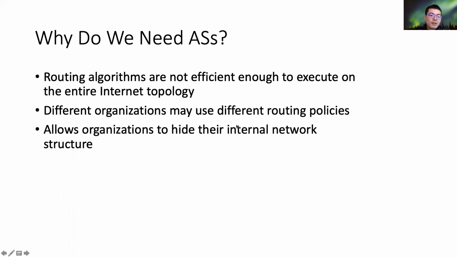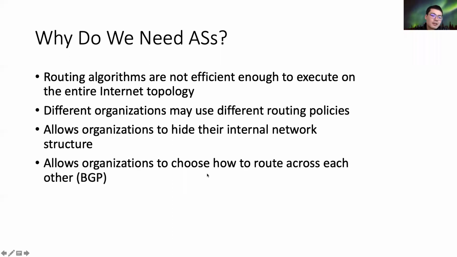So this is very secure. It can hide information about internal networks, and this is also good because we cannot just let BGP consider all the internal structures of the AS. BGP is not efficient enough to execute on the entire internet.